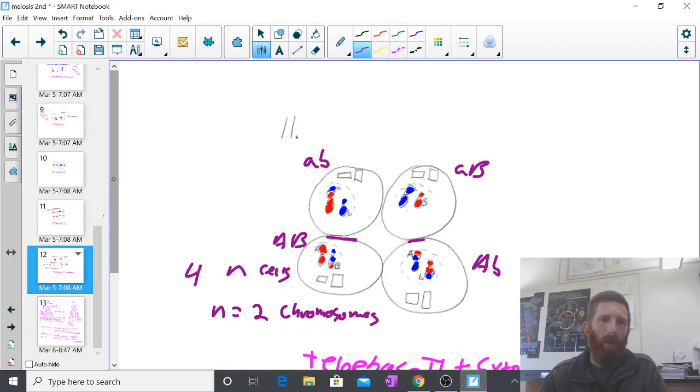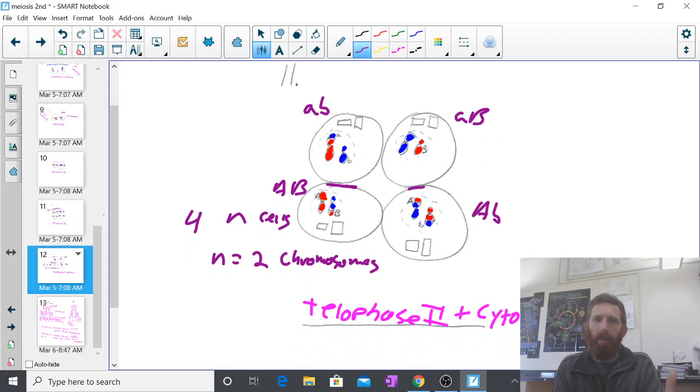This is why we FOIL, because the process of meiosis, and most importantly, because of crossing over, increases genetic variability, and so we have our 4 different possibilities right here. So let's take a minute to absorb that there's actually a reason why we have to do a 4x4 if we're looking at 2 traits rather than a 2x2 if we're looking at 1 trait.